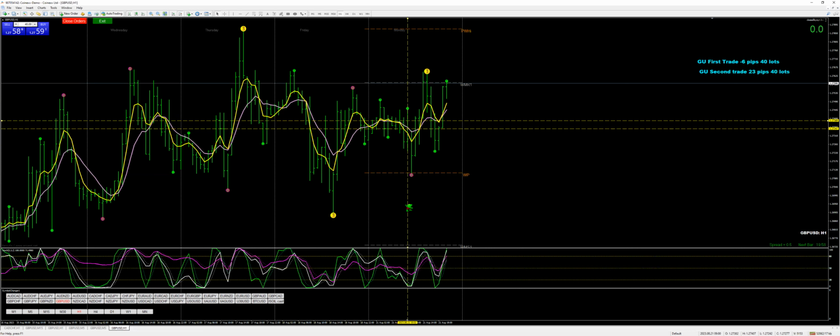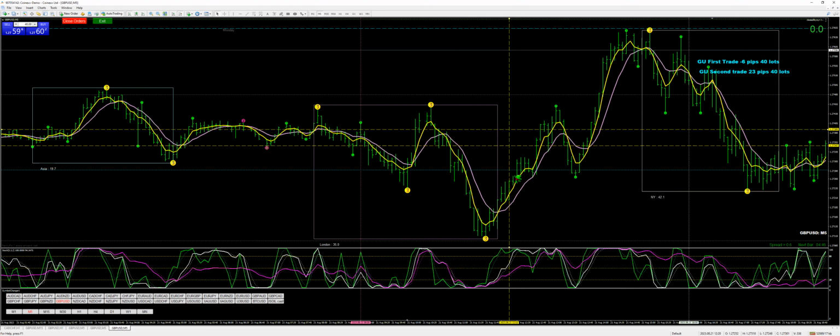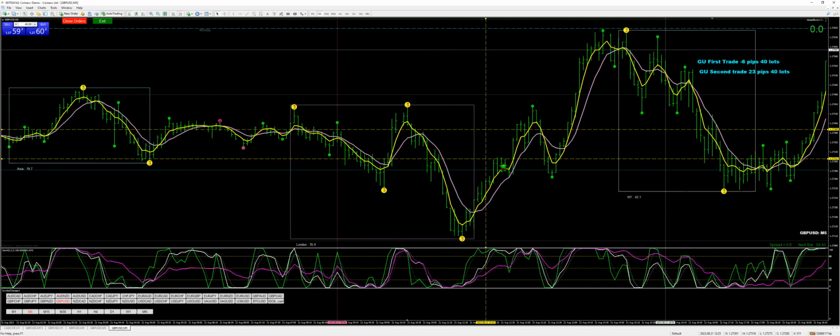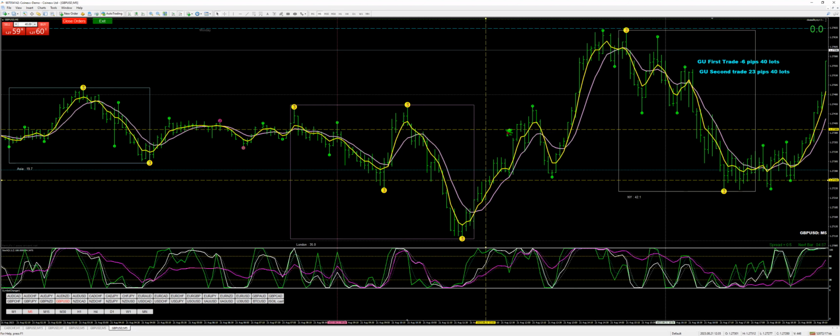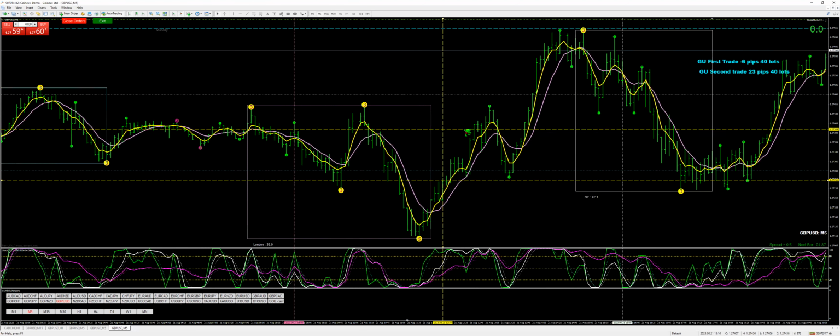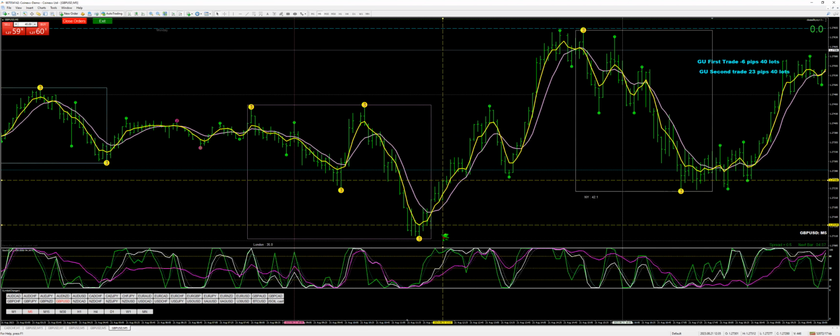And if we were persistent enough, we would be looking at a long trade here. And if you drop it down to the 5, the entry to the long trade was here, with the stop loss over here.